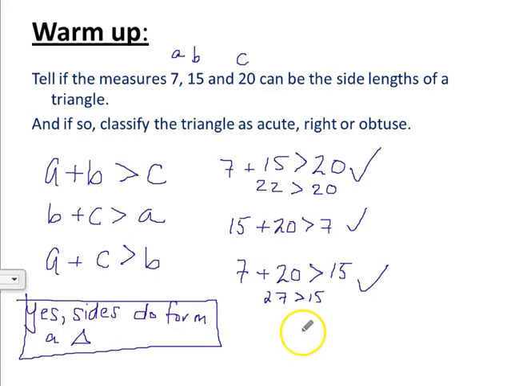The Pythagorean inequality says that if we add a squared plus b squared, and then look at how it compares to c squared, whether it's greater than, less than, or equal to, we'll figure out whether we have a right triangle, an acute, or obtuse. So this is what we're going to do to figure out what type of triangle we can create.